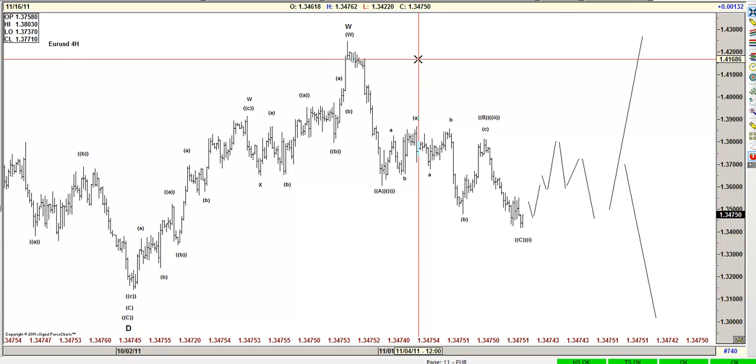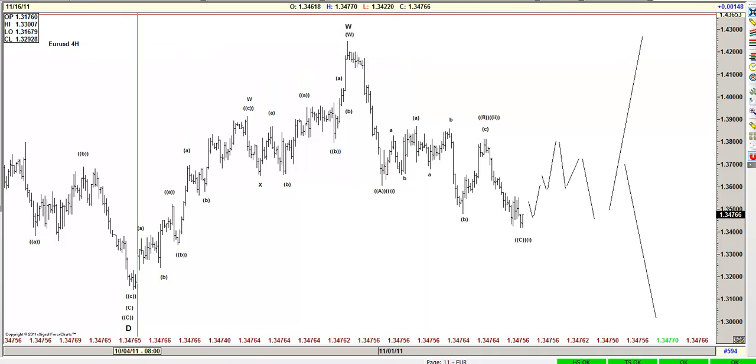Now, we need to see the reaction at the top. And remember, coming from the top is a process. You cannot get bearish dollar, you cannot get bullish dollar. You better wait and take things one step at a time. In that way, you're going to be a successful trader.